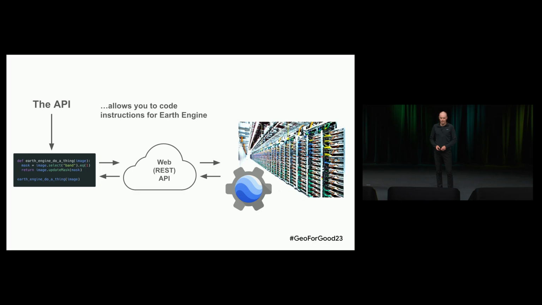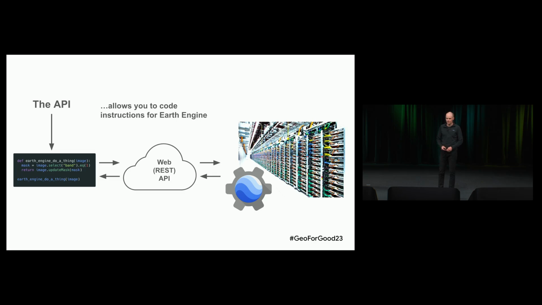And when you're working with Earth Engine, you're working with the API. This is the instructions that you write to tell Earth Engine servers what to do with the data and what you want to get back. Here, for instance, I have a function that says Earth Engine do a thing. So I've described some process that I want Earth Engine to do. And the client library packages up those instructions into an expression graph, something that Earth Engine servers understand.